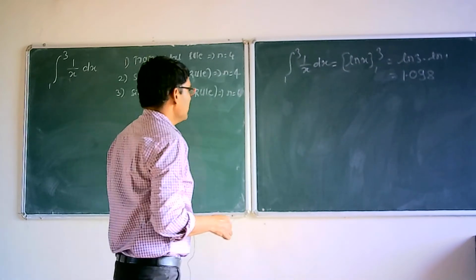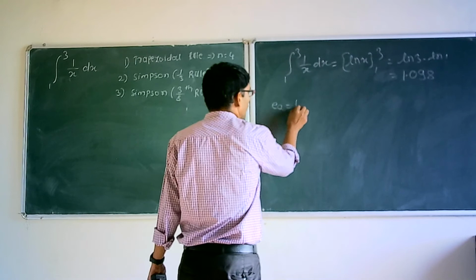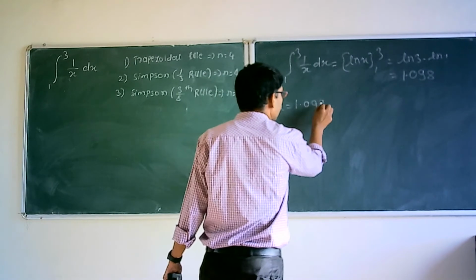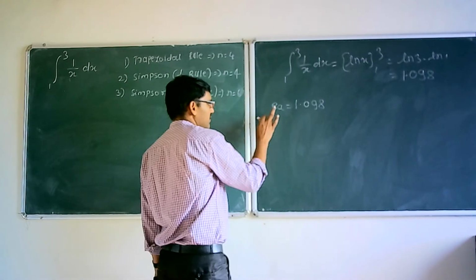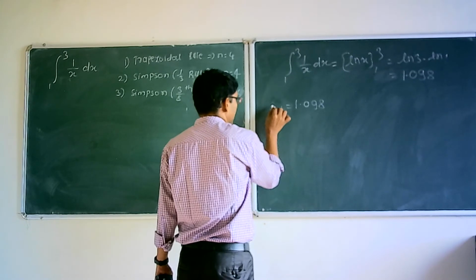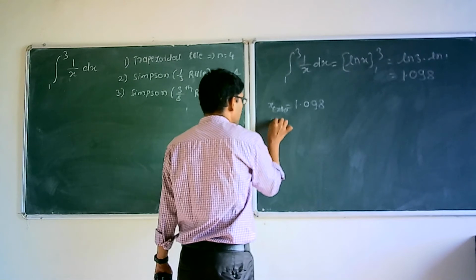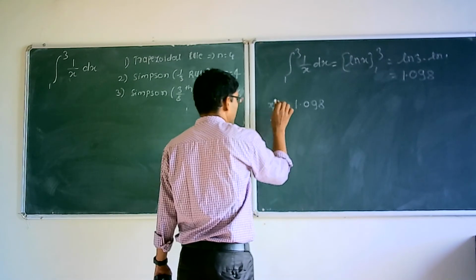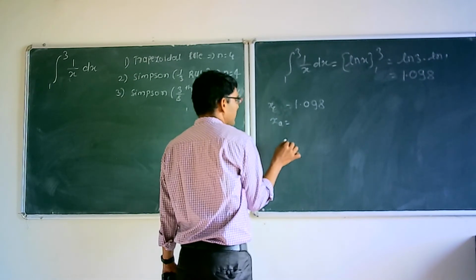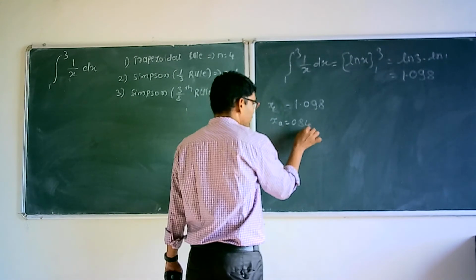So the exact value is 1.098, and what is the approximate value? By using the trapezoidal rule, I think 0.84 something.